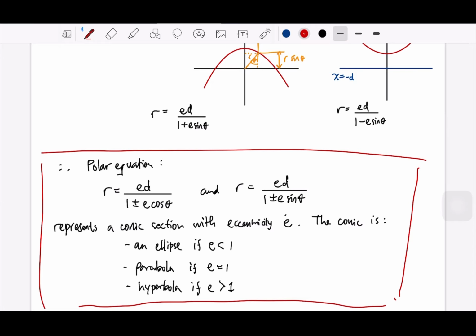We will convert those equations into this form, and we will determine how much E is from that equation. And lastly, we can sketch out the conics from this equation.